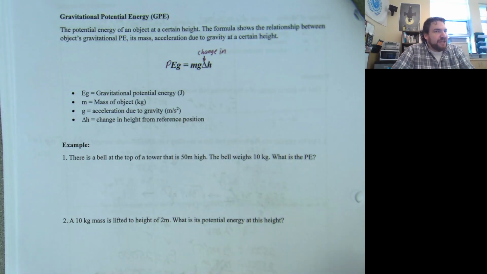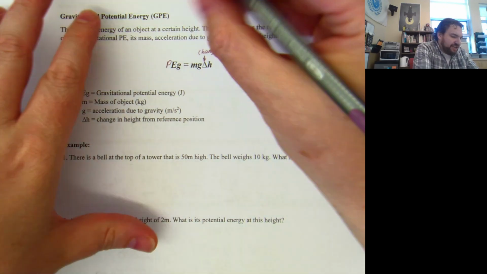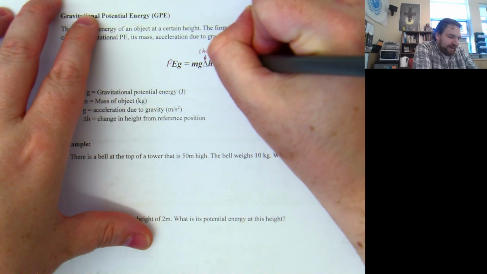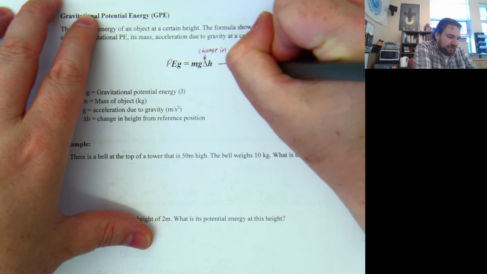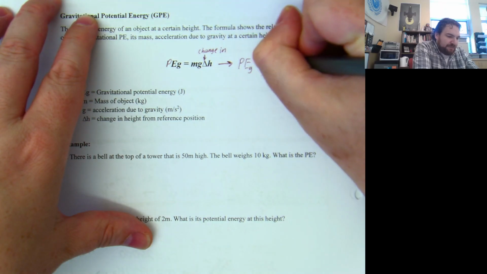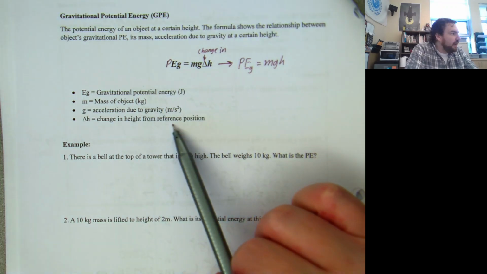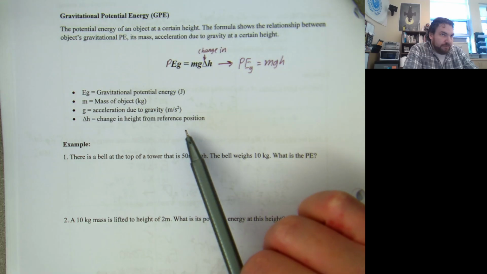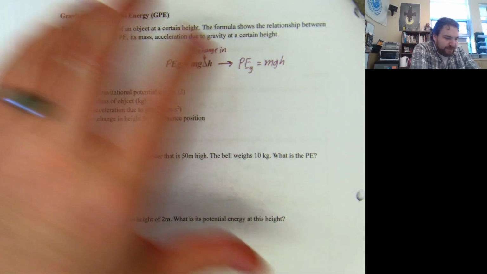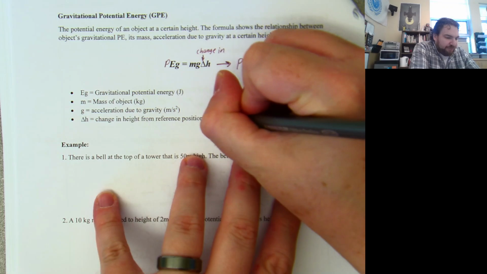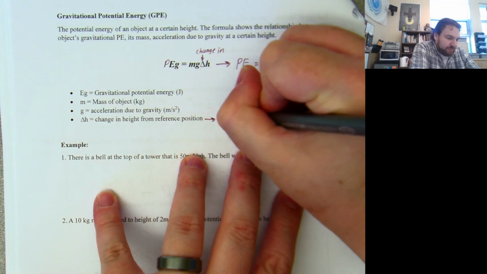And more often than not, it's going to be the change from 0. So we don't actually need to write it this way. Instead, we can write it like this. We can say that the gravitational potential energy is going to equal mgh, where h is some height above a reference point. You can pick your reference point to be whatever you want it to be. Usually that reference point we call 0.